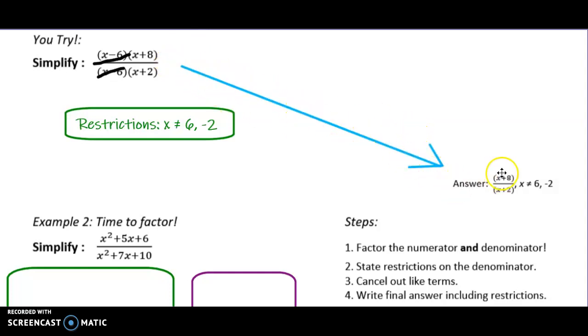So you end up with x plus 8 over x plus 2, where x does not equal 6 or negative 2. So notice you always do your restrictions first, then cancel out, because x cannot be 6 or negative 2, because in the original problem, the denominator would be 0 when x is 6 or negative 2.